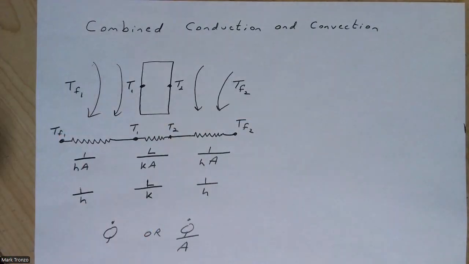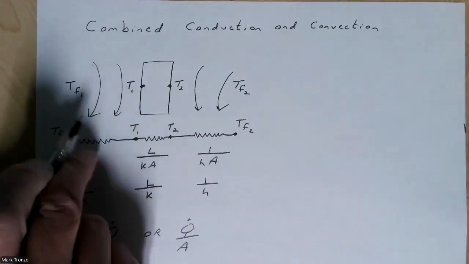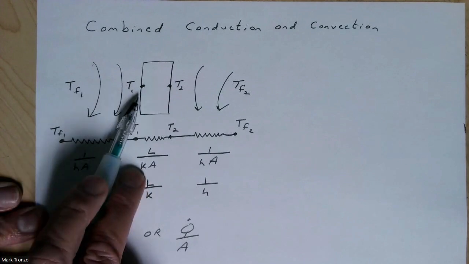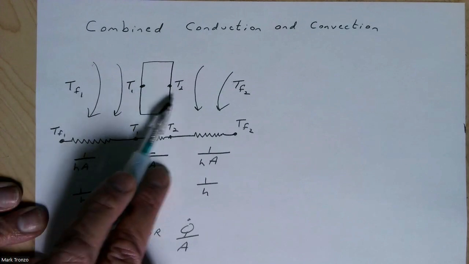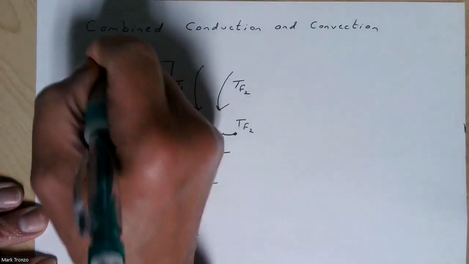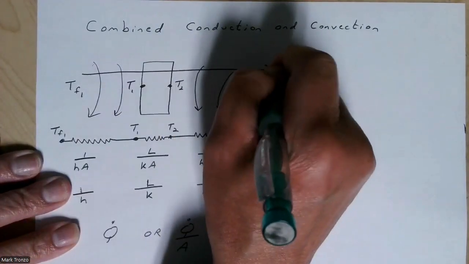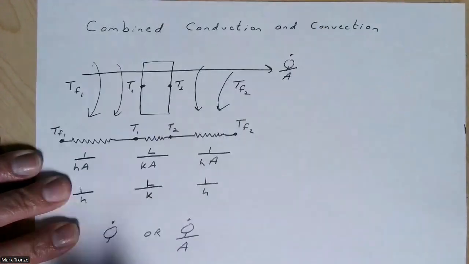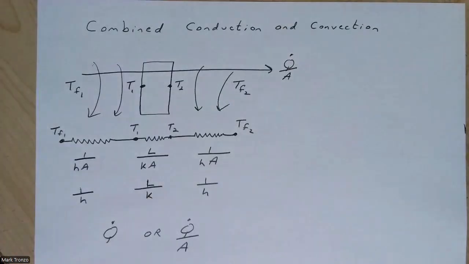So often the strategy is to calculate the heat transfer rate in the area that you know enough unknowns that you can calculate. So for example, again, the heat transfer rate, let's say if you're doing it per unit area, is going to be the same all the way through.